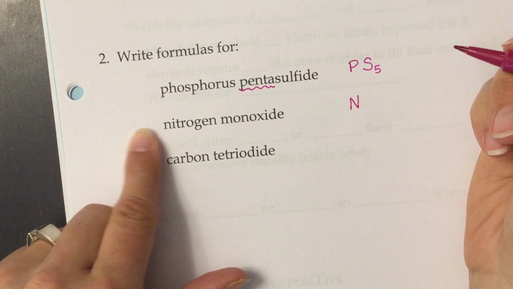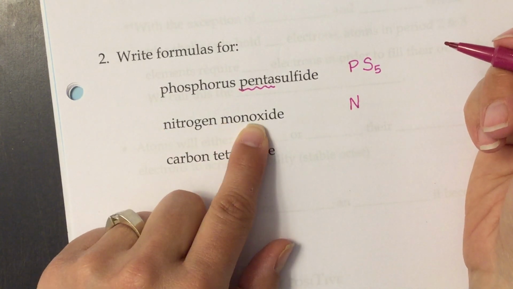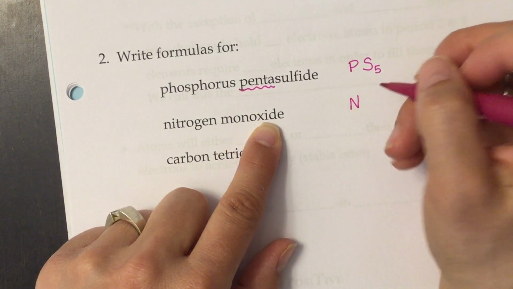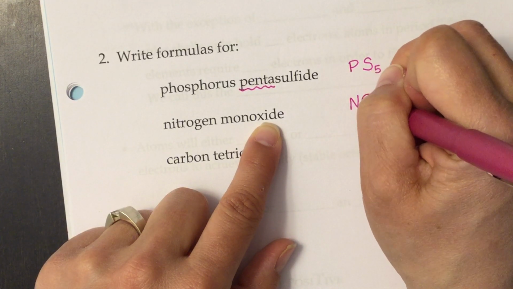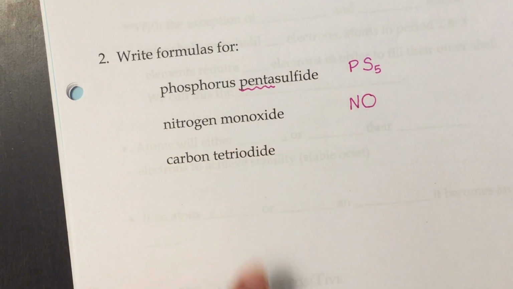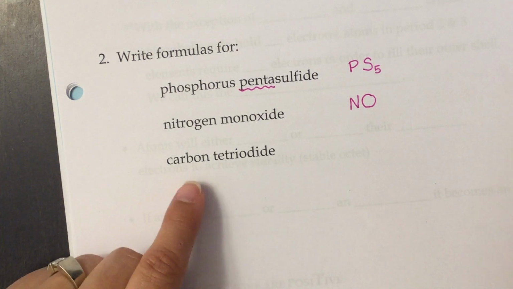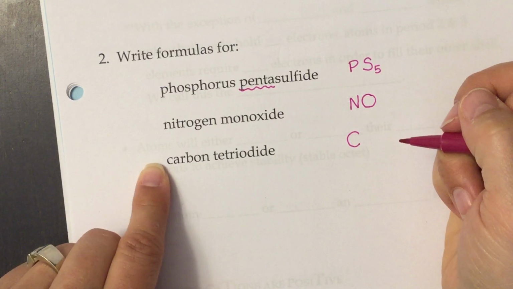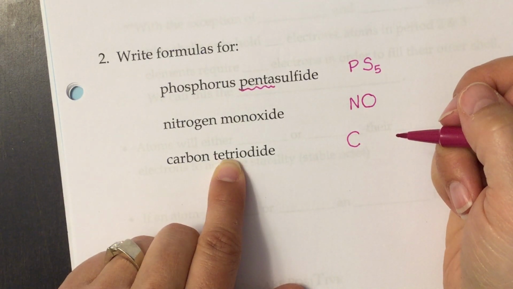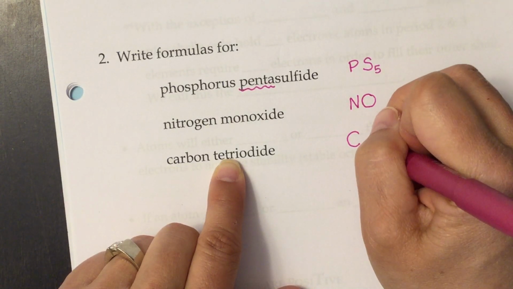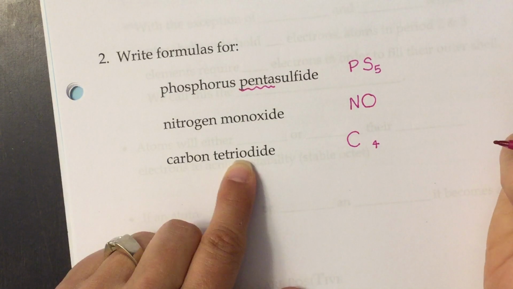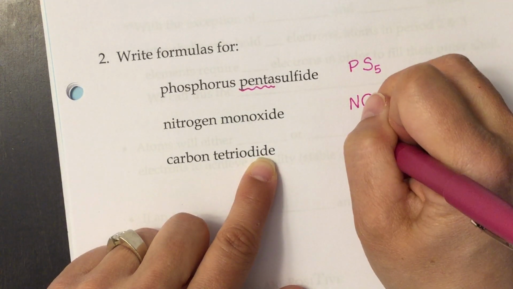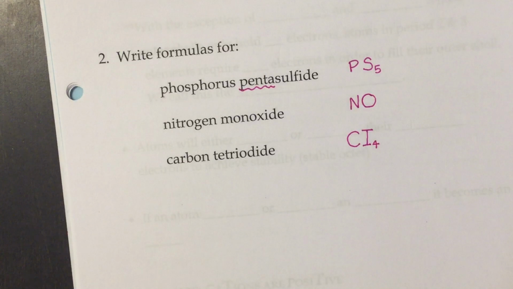Nitrogen, no prefix, so I know there's just one. Mono, so I know that's just going to be 1, and oxygen will then just be an O. NO. Next up, carbon C, no prefix in front, so I know that's going to be 1. Tetra, oh, that's going to be 4. And iodide, okay, that's iodine. There we go. Okay, excellent.